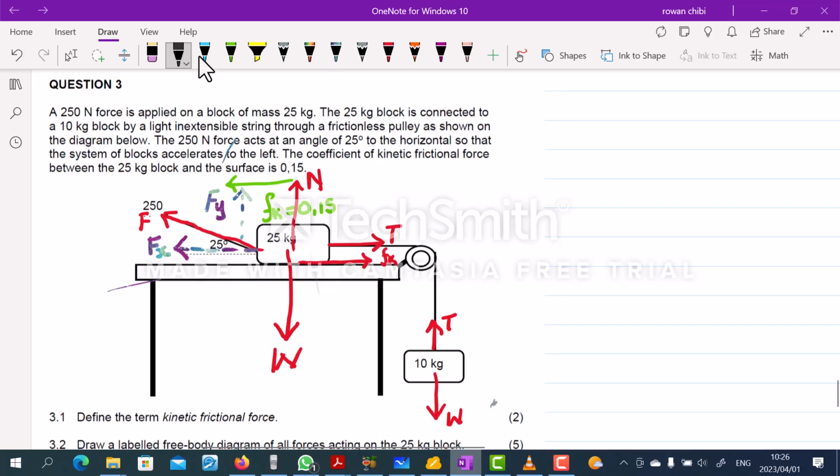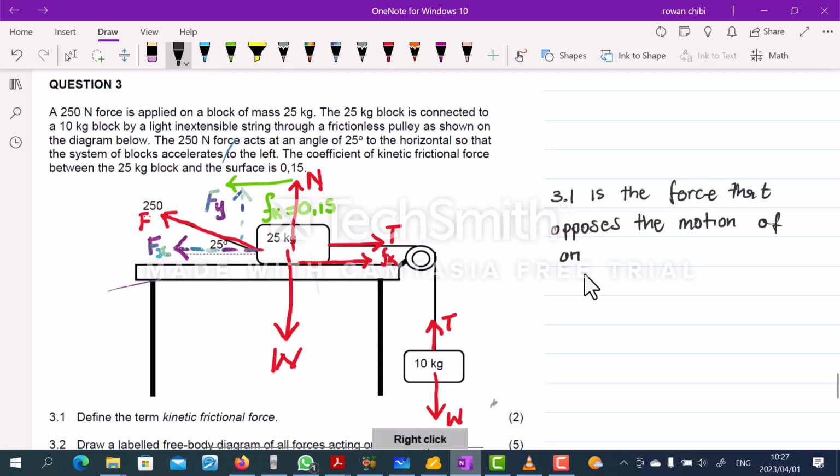The definition of a kinetic frictional force: we say kinetic frictional force is the force that opposes the motion of a moving object, relative to the surface. So this was 3.1.